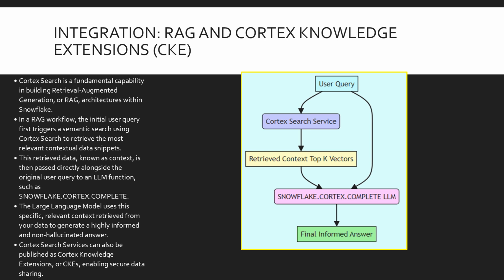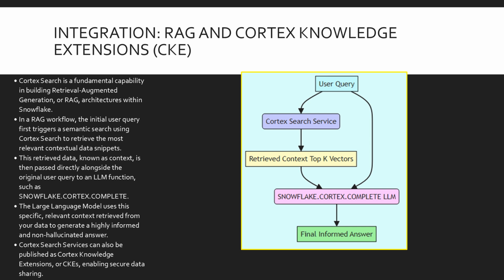This carefully retrieved contextual data, which functions as the authoritative external knowledge base, is then systematically aggregated and passed directly as supplementary information, alongside the original query text, to a designated large language model function, typically utilizing the Snowflake.Cortex.complete function for subsequent synthesis.